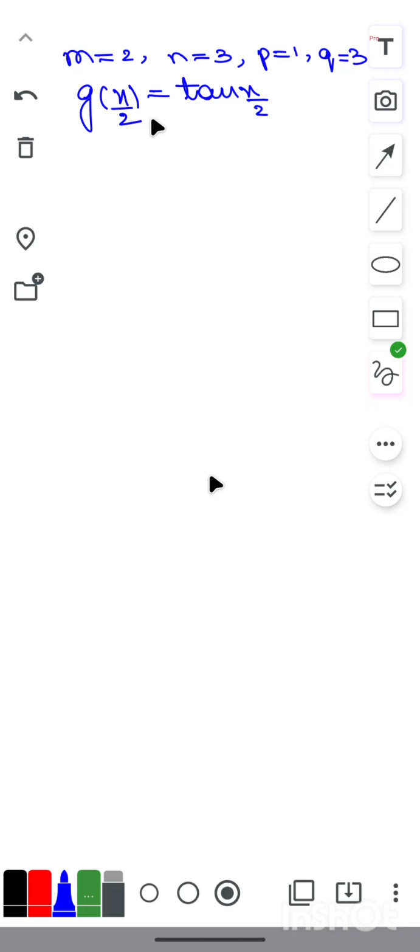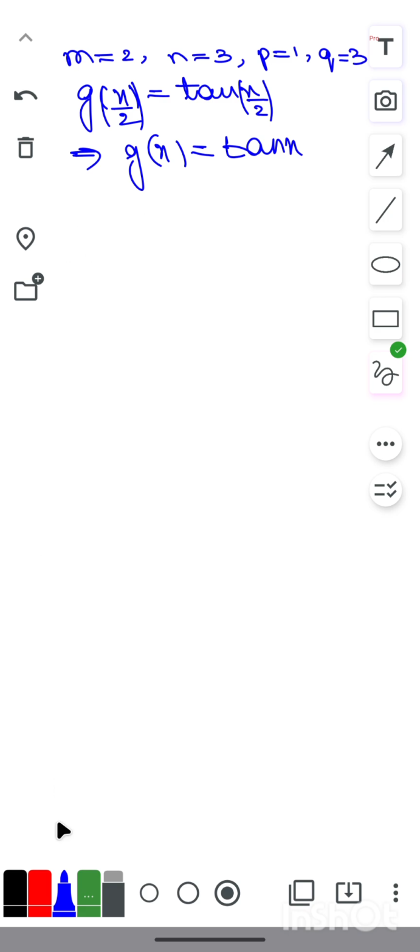G of x by 2 is equal to tan of x by 2. Fine. So now, if g of x by 2 is equal to tan of x by 2, replace the value of x by 2 by only x. So g of x will become only tan x.